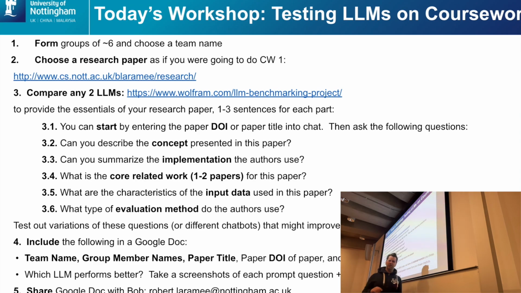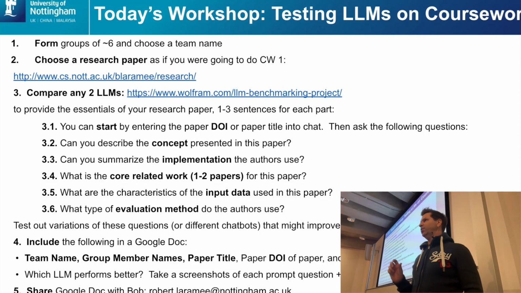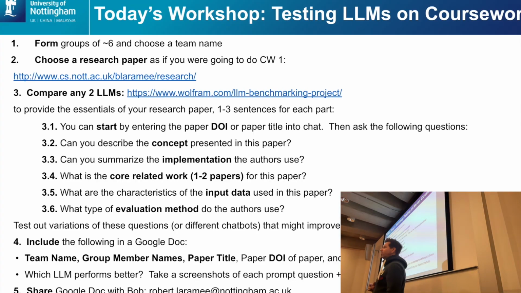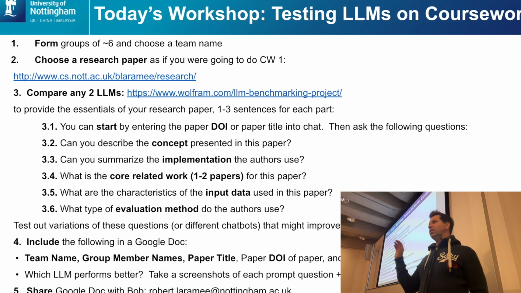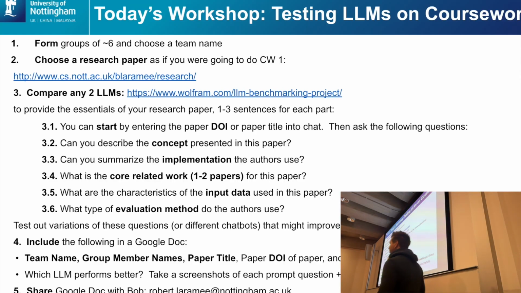But they improve each year. So I think last year you could have definitely gotten between a 50 and a 60 on Coursework 1 just based on LLMs. I do not believe you could reliably get 60 to 70, distinction level, with LLMs last year, based on last year's experience.